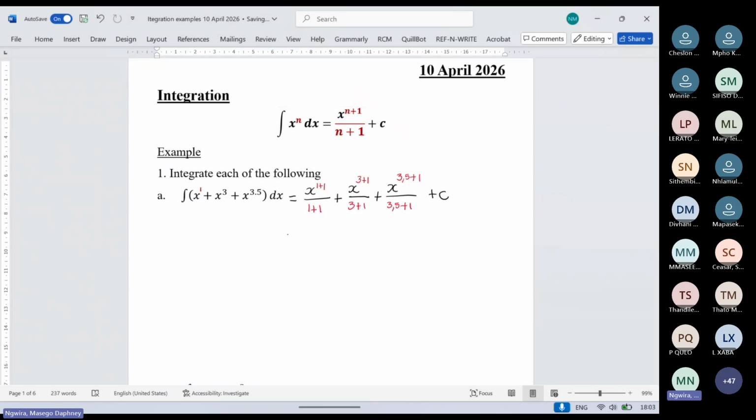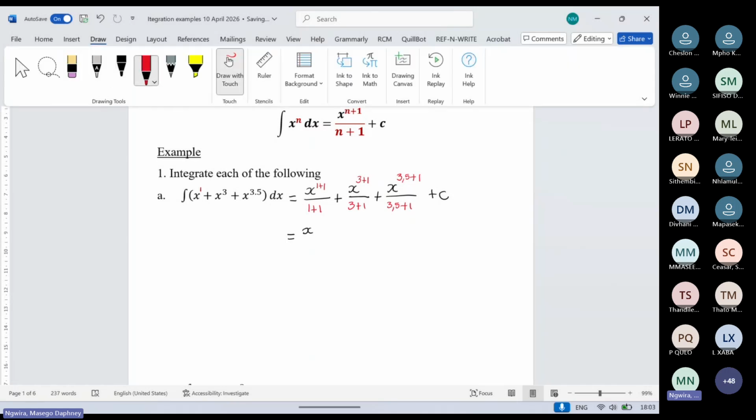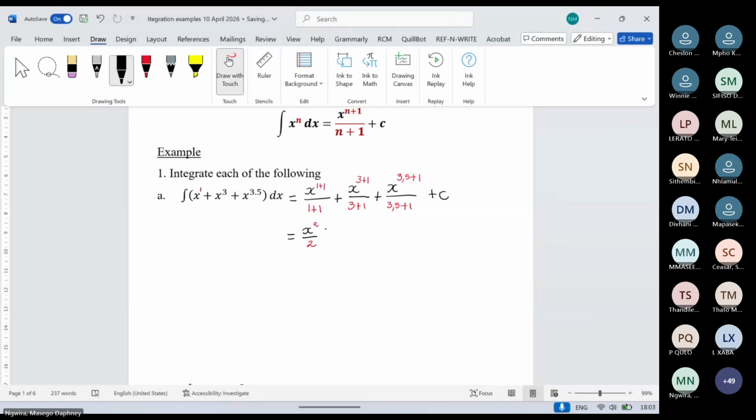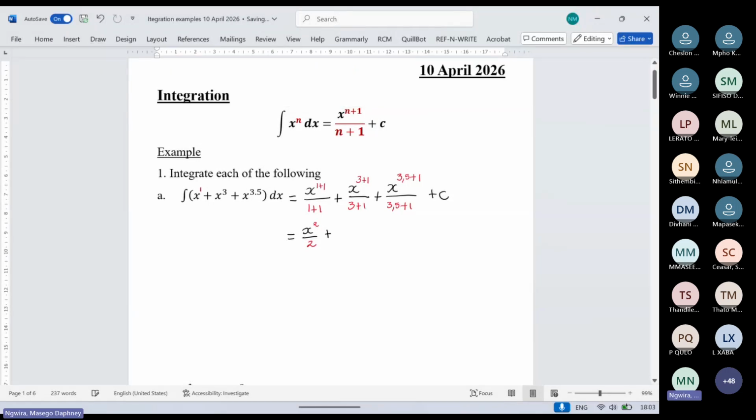And then it means we are going to have x to the power of 2, because 1 plus 1 is 2, and then over 2. And then this will be plus x to the power of 3 plus 1, which is 4, over 4. And then plus 3.5 plus 1 is going to be 4.5.